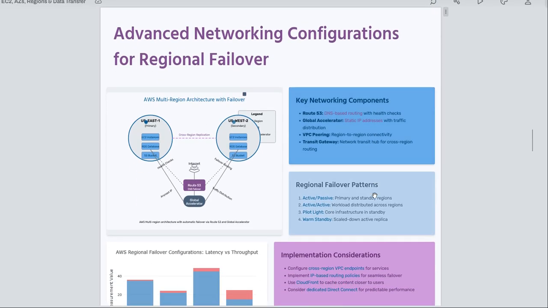All right, let's have a look at advanced networking configuration for regional failover, right? How do you achieve regional failover, region to region? This is AWS multi-region architecture with failover. An example setup: you've got an EC2 instance running RDS databases as well as an S3 bucket.